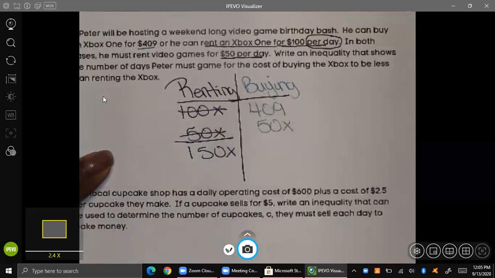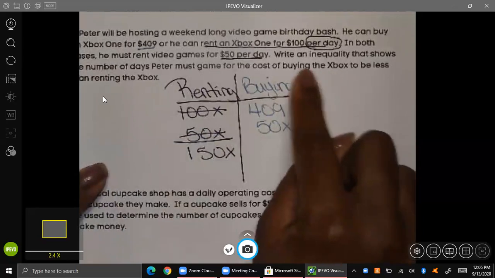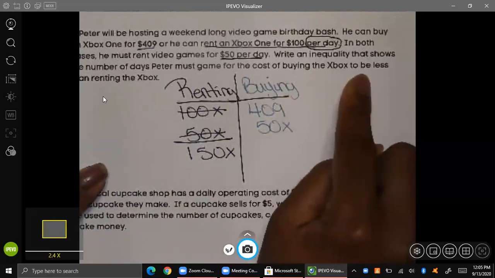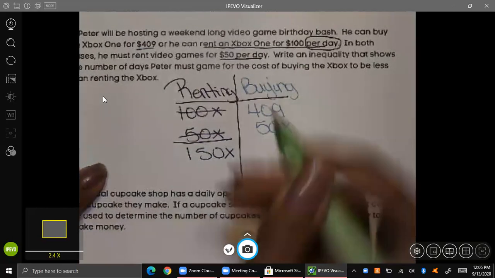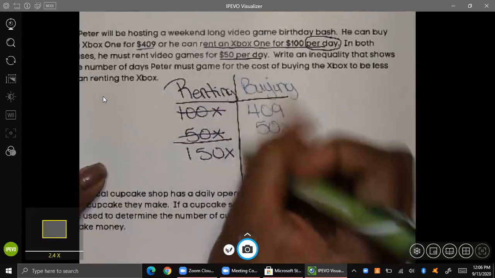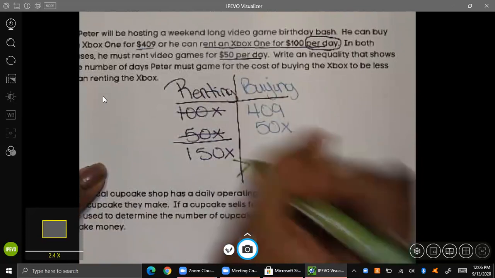And then on this side, we have two different like terms. We want buying an Xbox to be less than renting, which is basically saying renting needs to be more. So we're going to go this way. We need renting to be more.